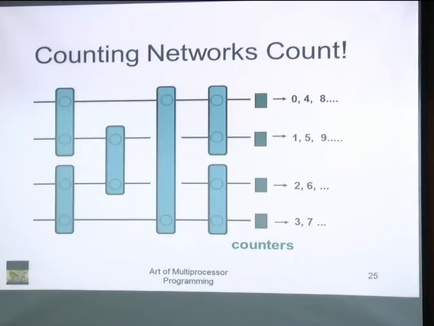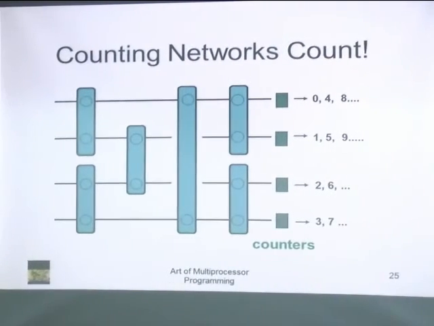So each counter here counts by 4, but each counter has 1/4 the load that it had before. And in here, there's no single hotspot. So all of the synchronization is smeared out over the memory.